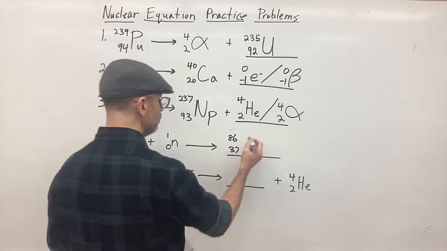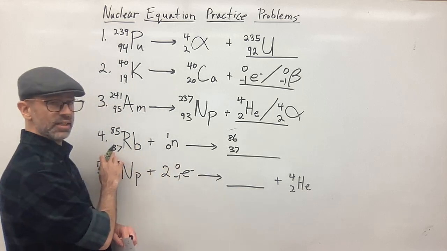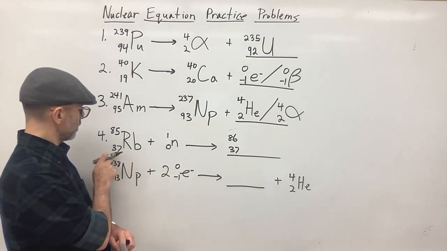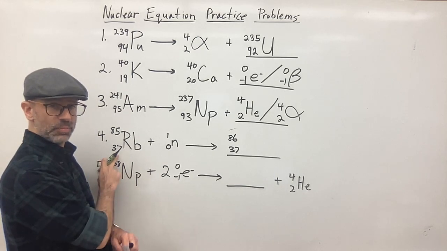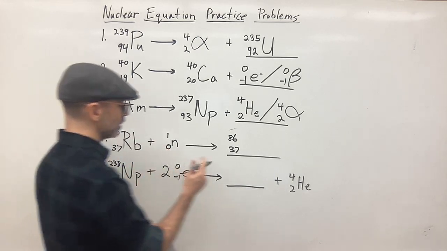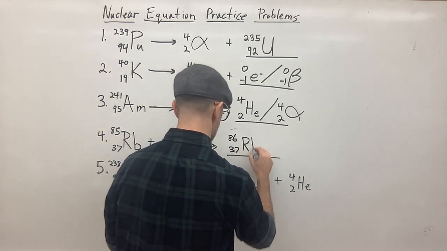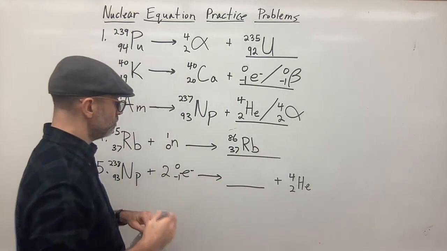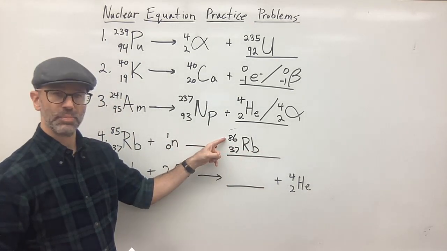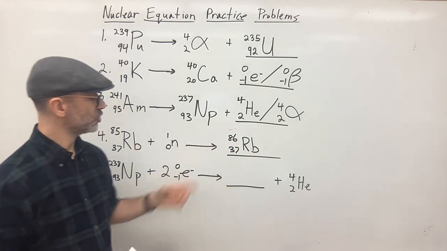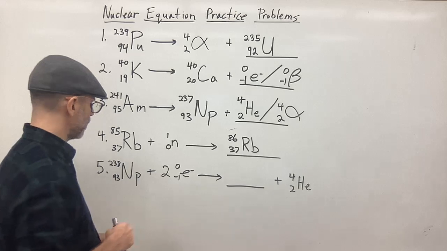The element symbol is going to stay the same, since the 37 is the atomic number, the number of protons. And since the number of protons doesn't change, the symbol is going to be the same. So here we have our Rb. We've added a neutron, and we've made the mass number bigger. And so here would be our daughter isotope for this reaction.